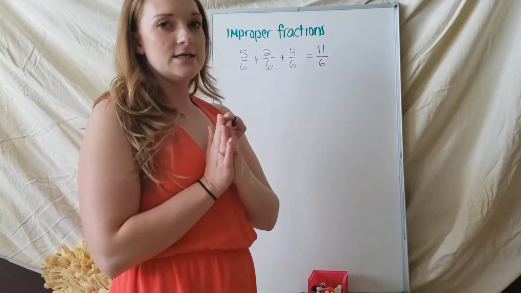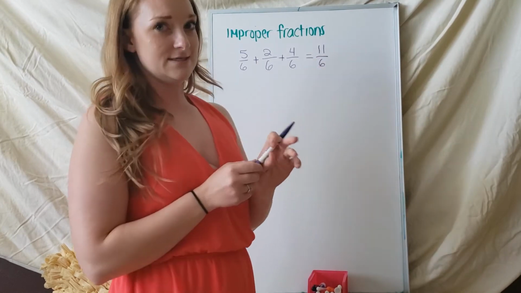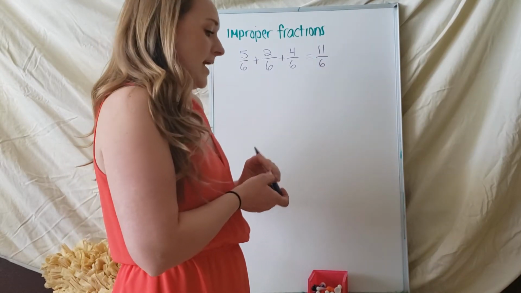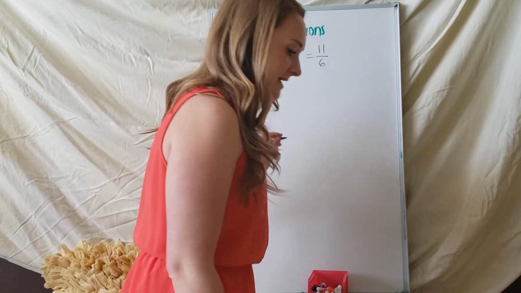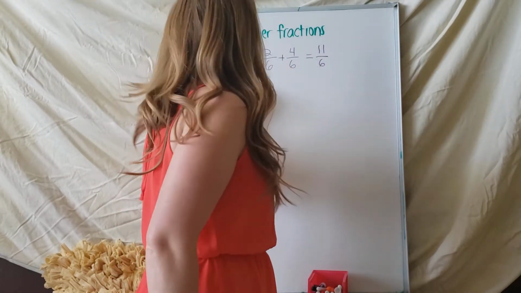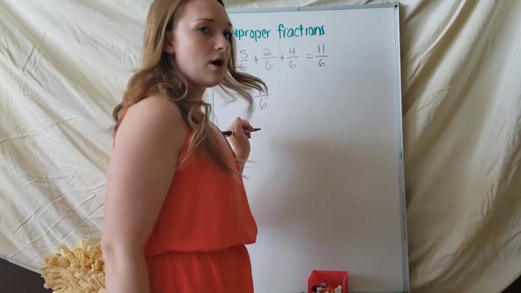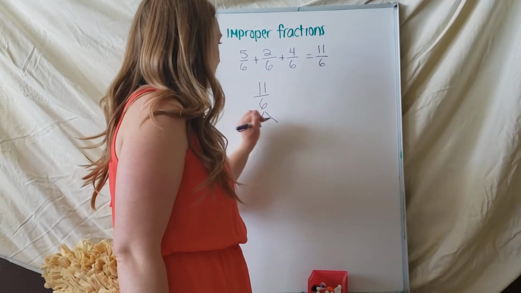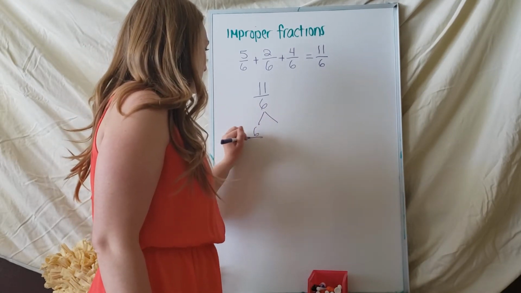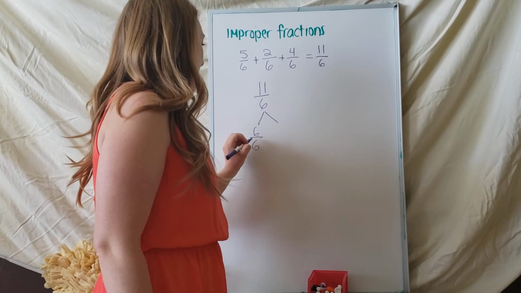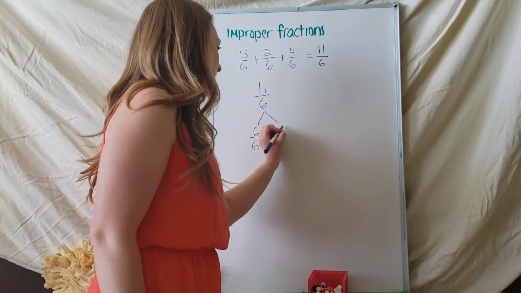So we can change what's called an improper fraction, when the numerator is greater than the denominator, to a mixed number. And how I would do that with 11/6 is I could write 11/6 and draw a break apart model where I know I can take 6/6 out because that's 1 whole, and the remaining amount I have after that would be 5/6.